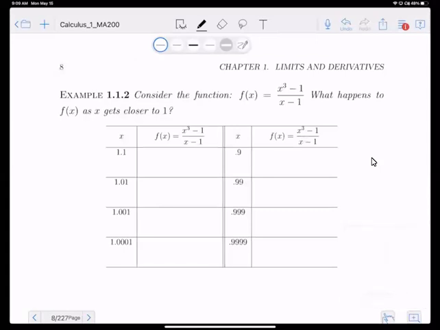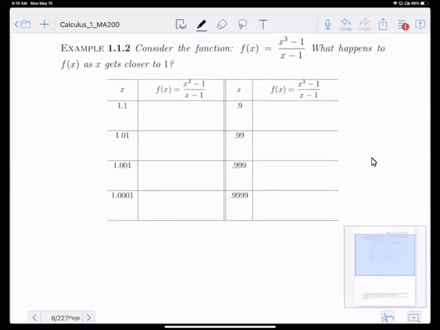Let's try another example. This time we have a rational function. f of x is x cubed minus 1 over x minus 1. Something similar to what we had before. So the question asks what happens when x approaches 1.